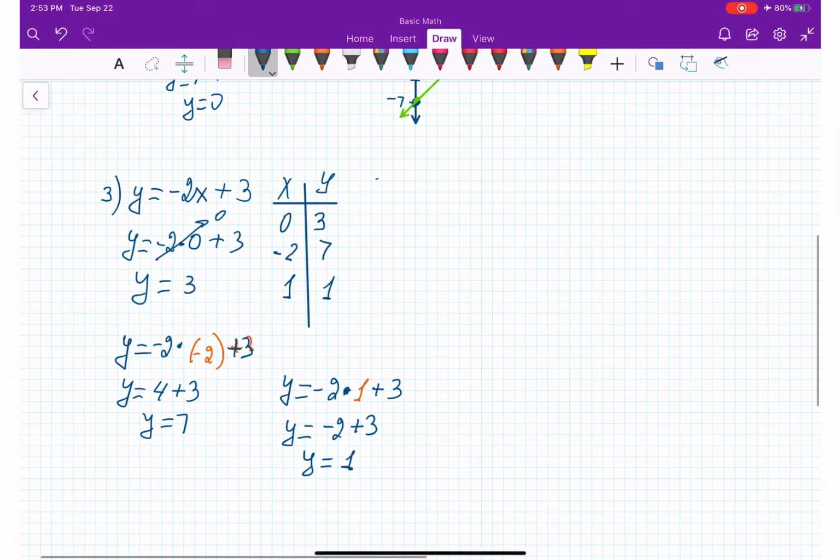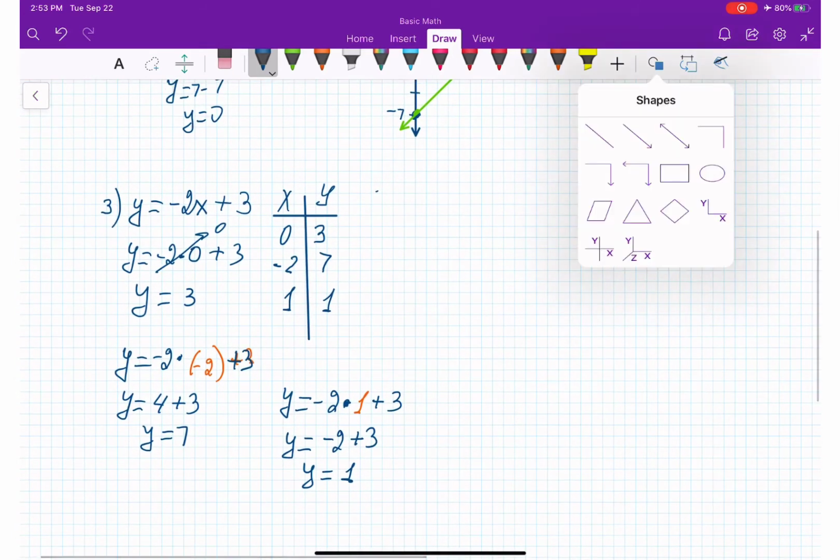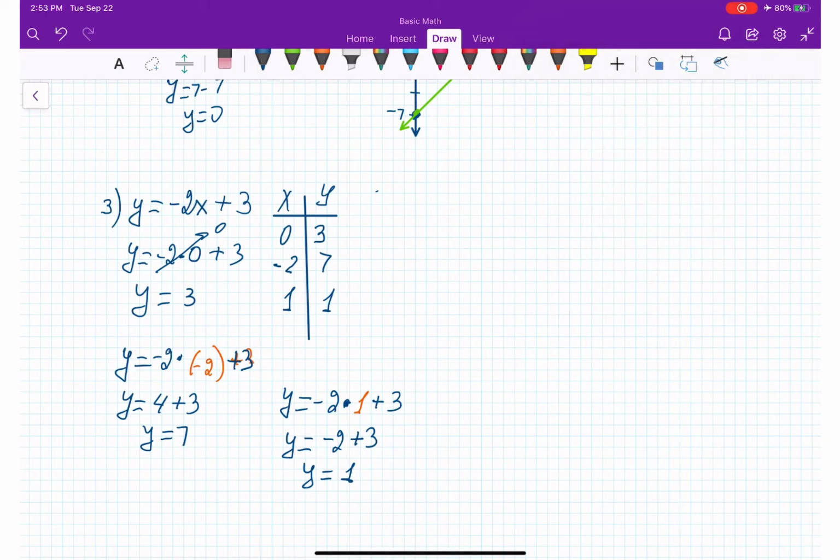Let's build the graph. Okay. So, first point, 0, 3. X is 0, y is 1, 2, 3.